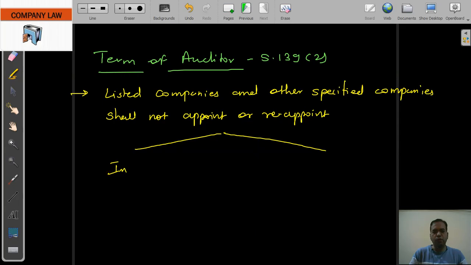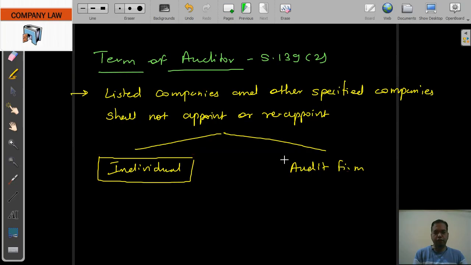So it may be in two cases: the case of an individual, or the case of an audit firm.